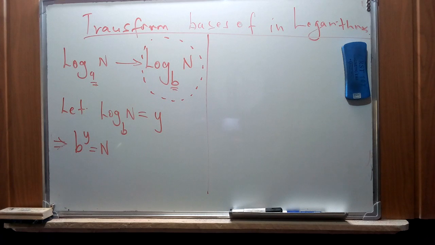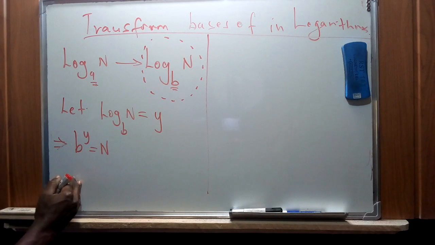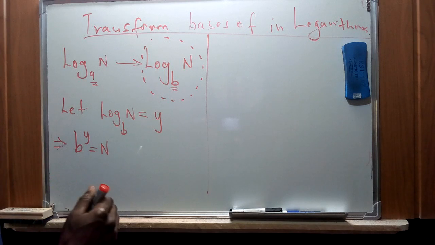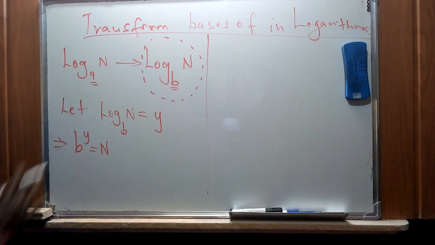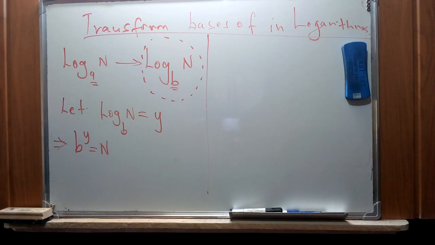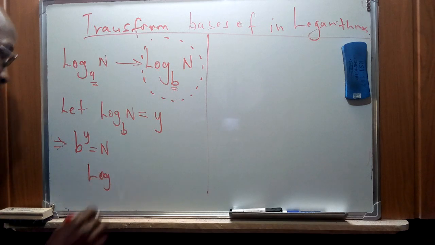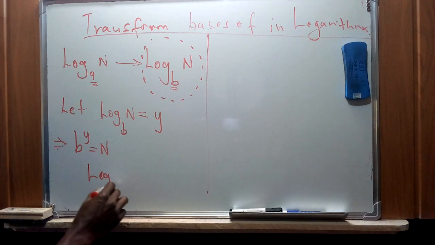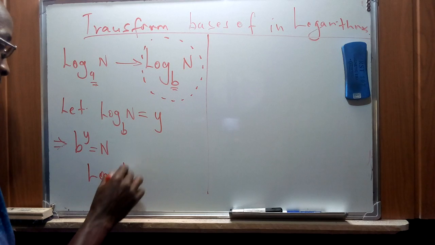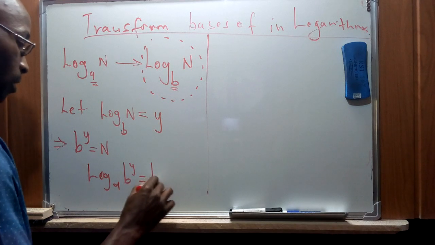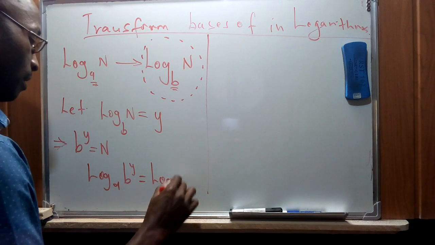And in this case, of course, if we do an operation on the left side and a similar operation on the other side, that does not change the value. So we're going to use that concept by introducing logarithms on both sides of this equation, which is going to be the log to a particular base a of b to the power y, equals log to base a of n.